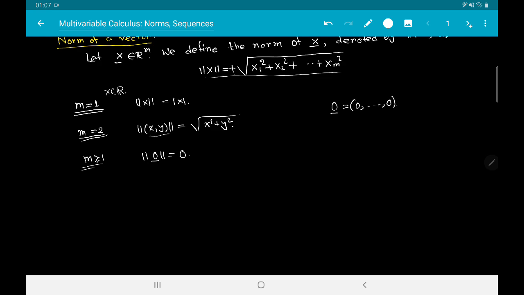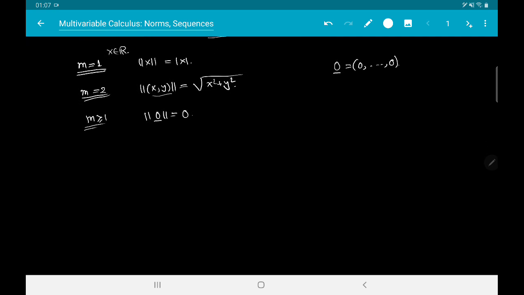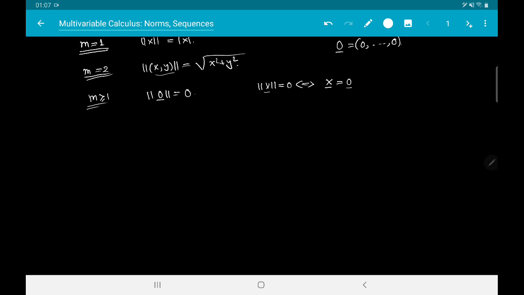So this is always going to be equal to 0. And it is clear that the norm of x is equal to 0 if and only if x is equal to the 0 vector. As I have said, I will keep forgetting the underlines, and I will not expect you to remember writing underlines every time.